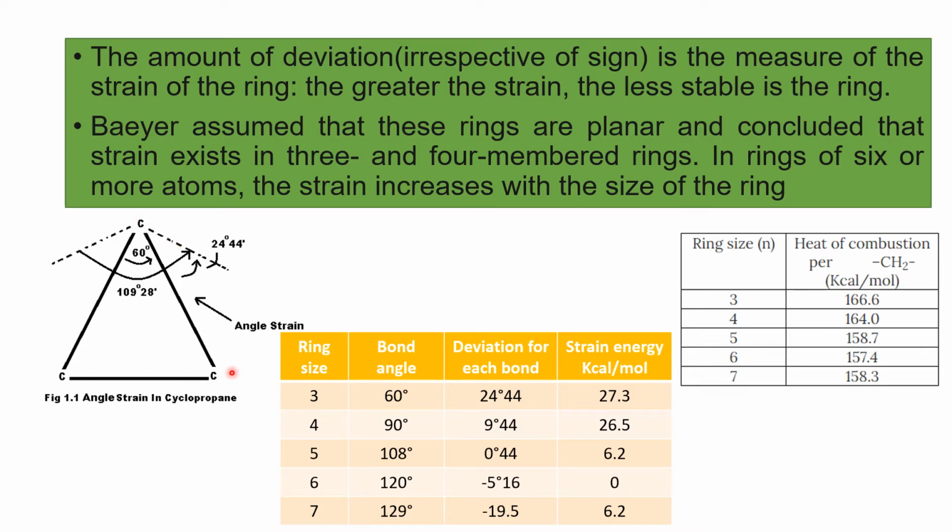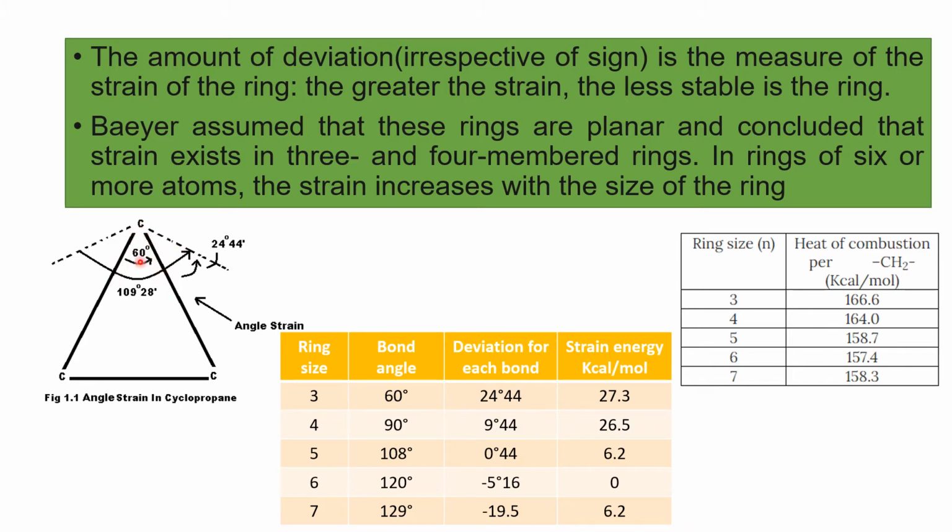Let's see cyclopropane. We know it's a triangle, so the bond angle is 60 degrees. The normal angle was 109 degrees. When we subtract 60 from 109, we get 49. So 49 is the total strain. But on each side, out of this normal tetrahedral angle, it is compressed to give only 60 degrees.